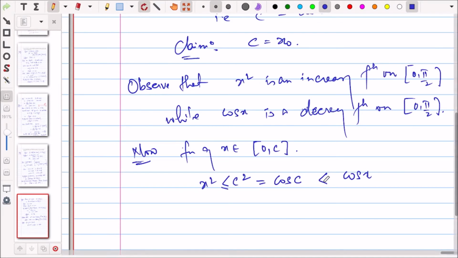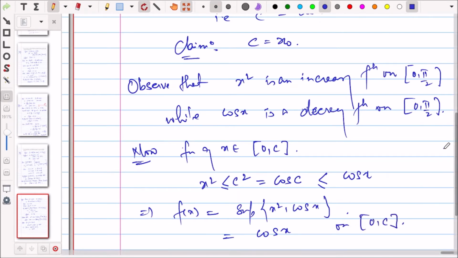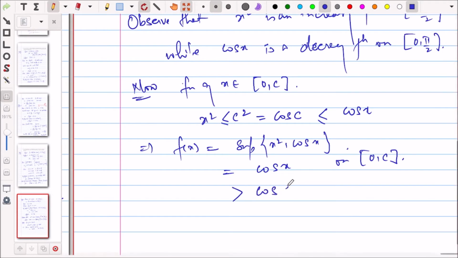So this implies f of x, which is equal to the supremum of x square and cos x, is equal to cos x, because cos x is bigger on this interval 0 to c, which is greater than cos c, and which is equal to c square.